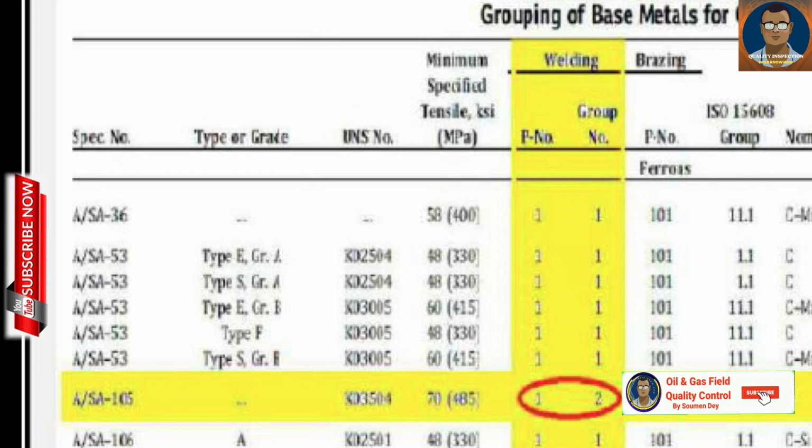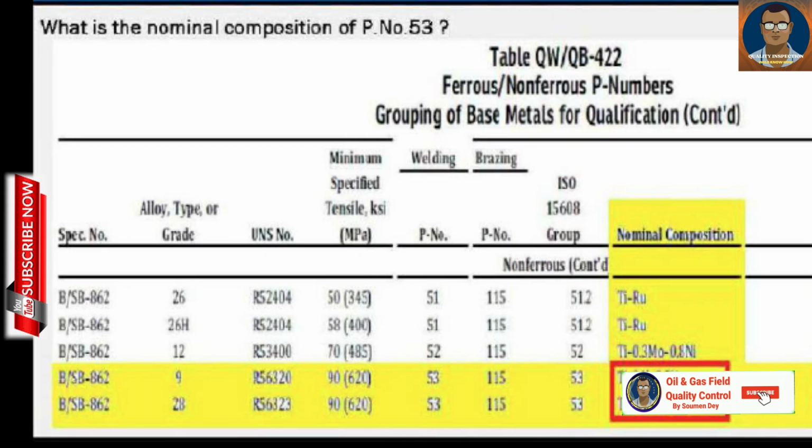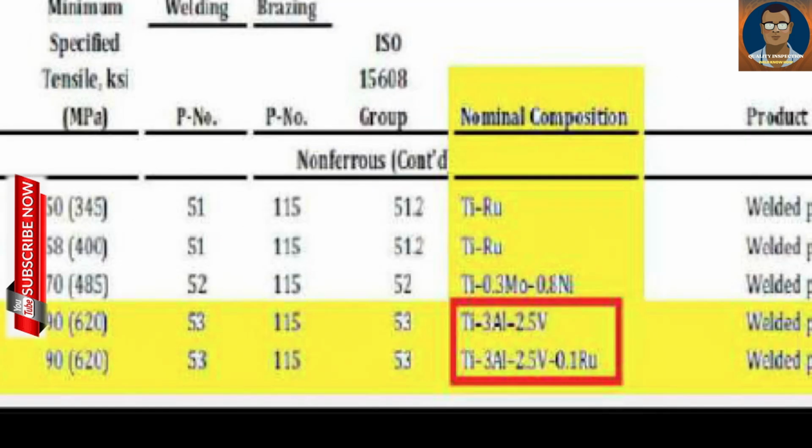What is the nominal composition of P number 53? Another example. On the left column, you can see the spec number SB 862. But if you go through the column all the way to the P number for welding, not for brazing. Brazing is a different number, which is 115, but for welding, the same material has a number of 53.